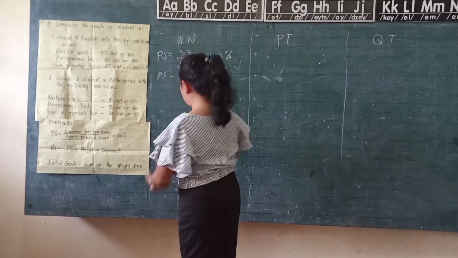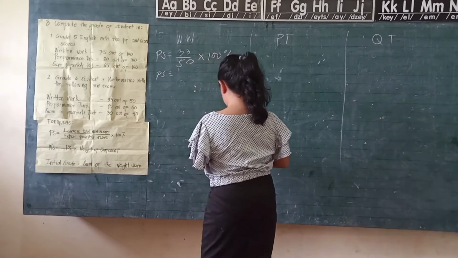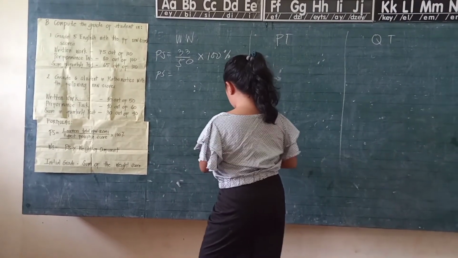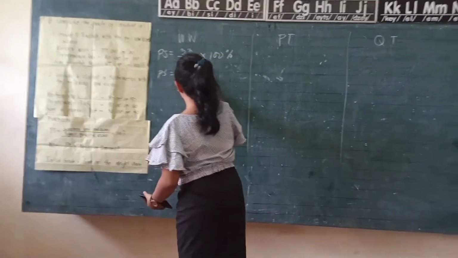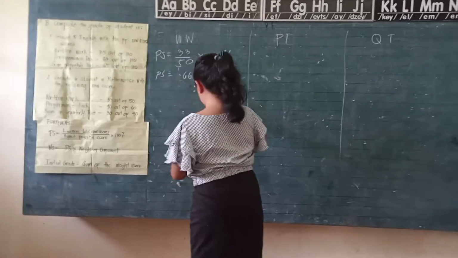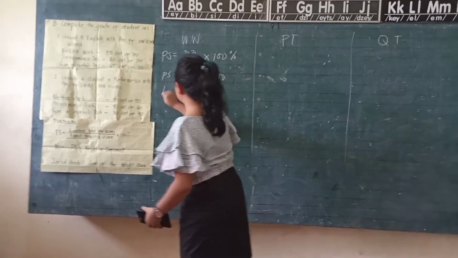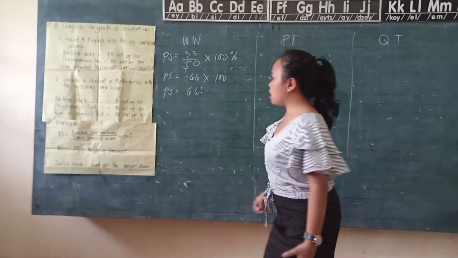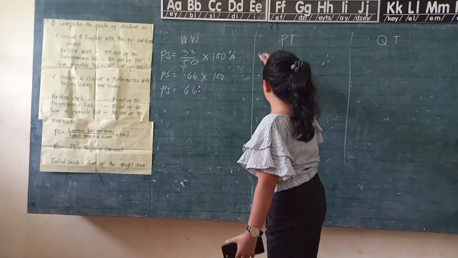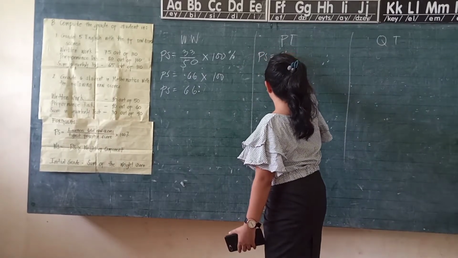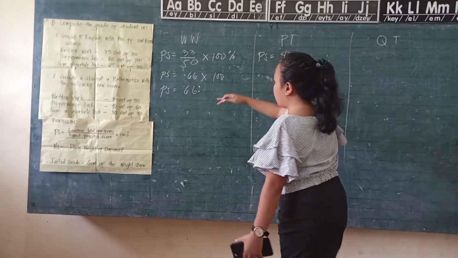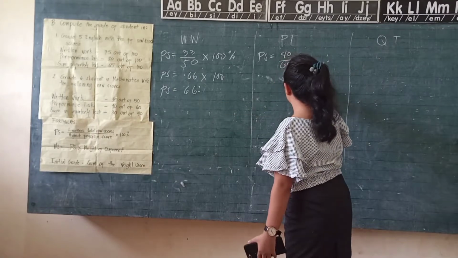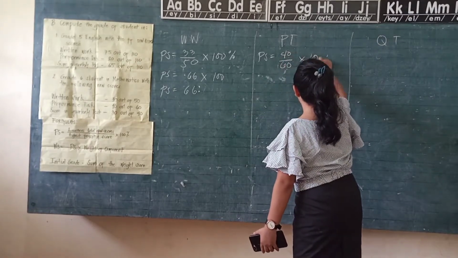PS equals 33 divided by 50, which is 0.66, times 100, equals 66.